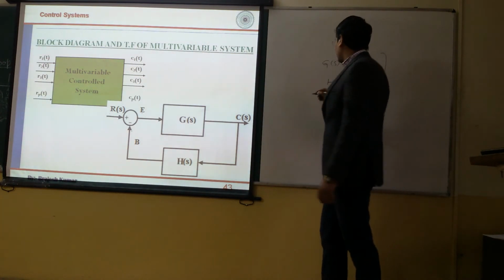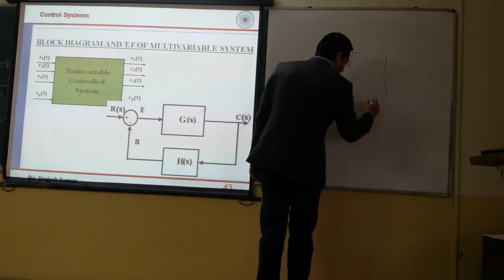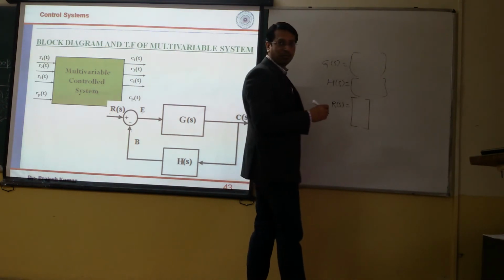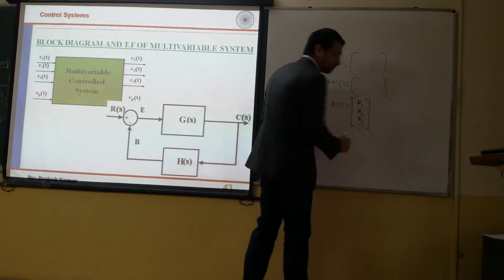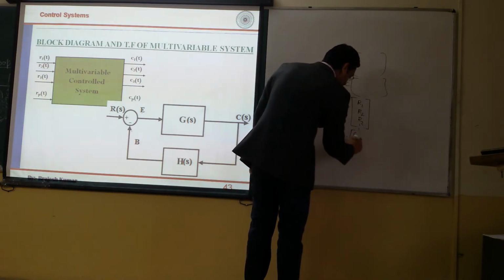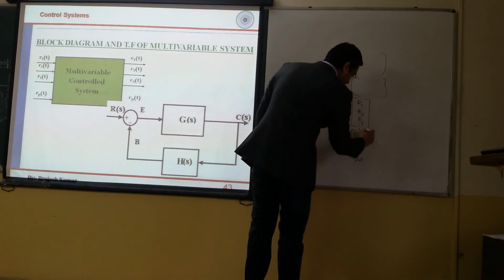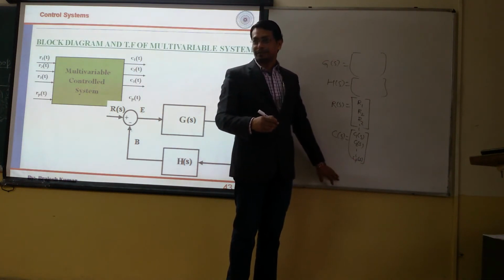And this R vector, R(s), you are going to say it is a column matrix, so we can also say vector R1, R2, R3 likewise. And C(s), you can have C1, C2 up to Cp. Okay.